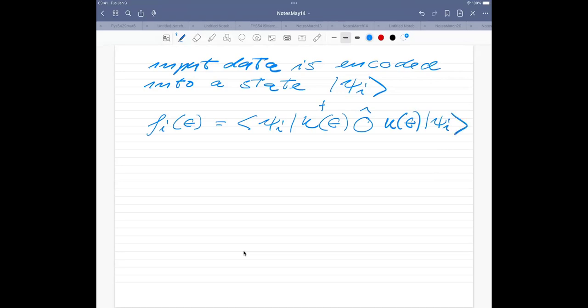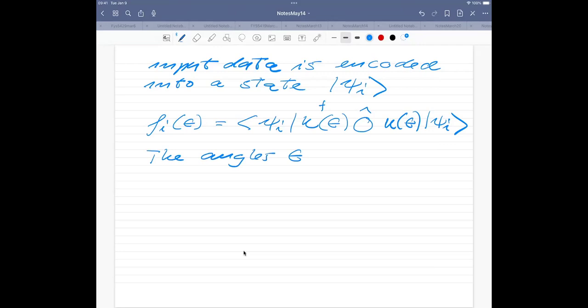So a typical convention which is used when you set up a quantum neural network is that the parameters theta are typically set up so that the operators actually affect only a single gate.